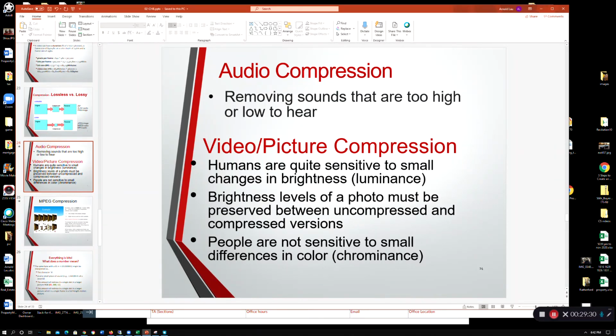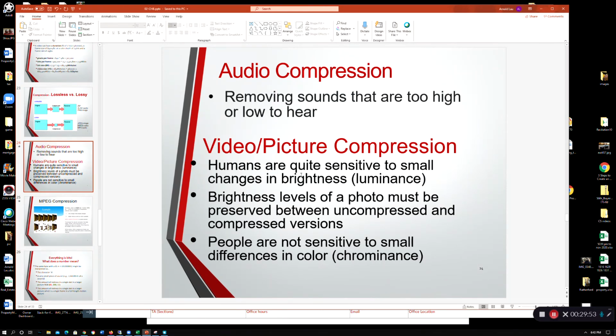So you want to be careful when you do stuff that sacrifices brightness. So you want to try to keep that. But small changes in color, maybe people are less sensitive to that, right? So you play around with it, but it's a balance. You can push it to a certain point where it becomes very noticeable.